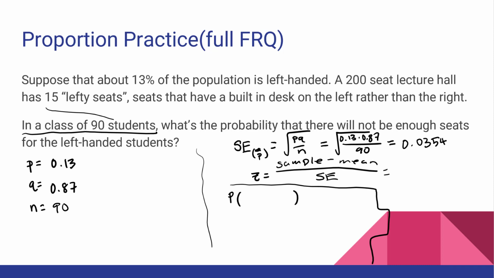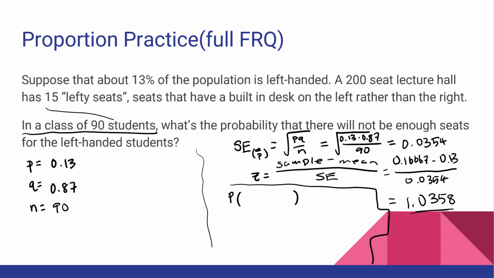So that is going to be our tipping point, when we have 15 out of 90 of our students being left-handed. So we have to change that into a proportion now. So putting in 15 over 90 as our tipping point, our proportion ends up being 0.166667.